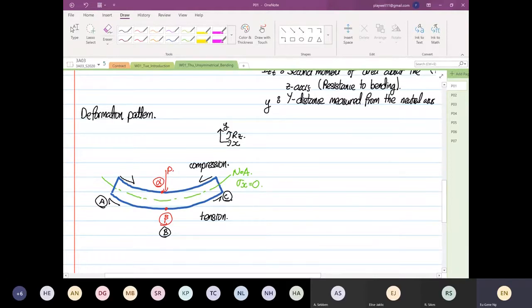Okay. So now the interesting thing is, why is it minus? Why the minus? So if we were to put a point down here, this point will be known as the center of curvature.